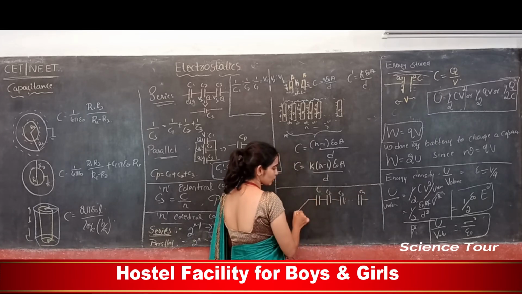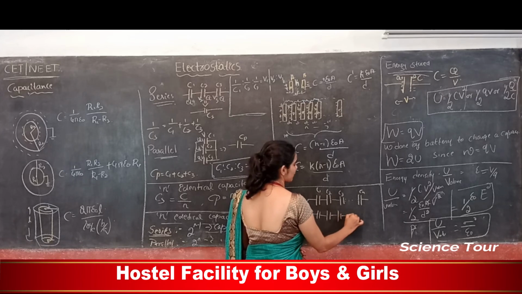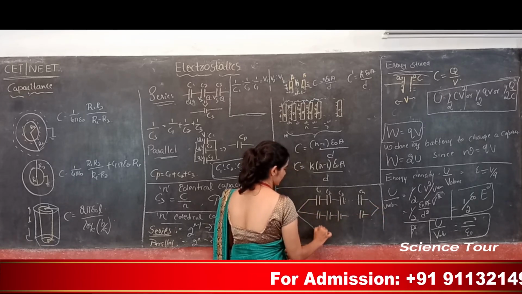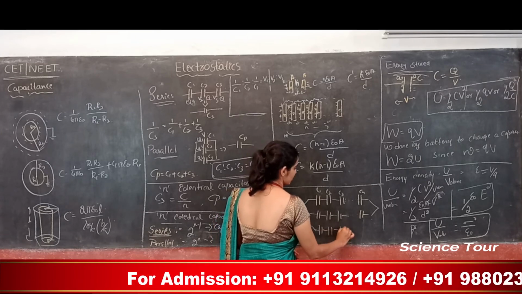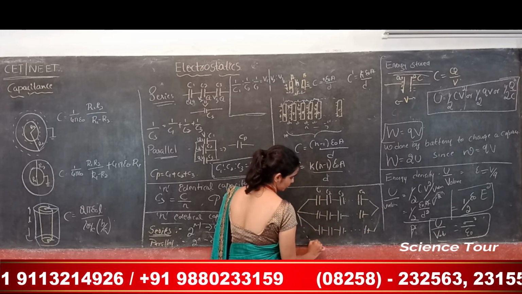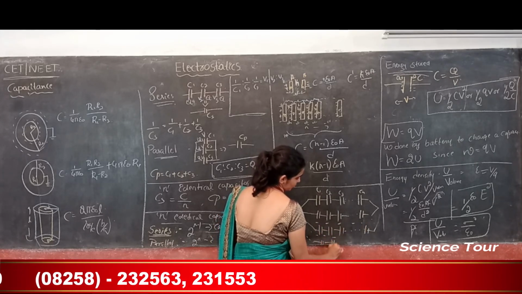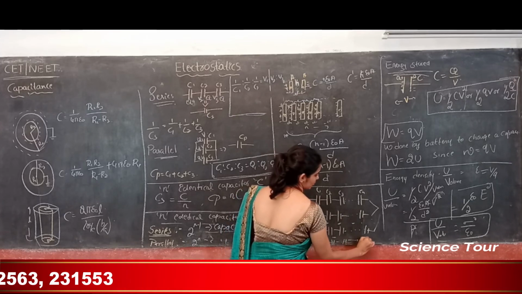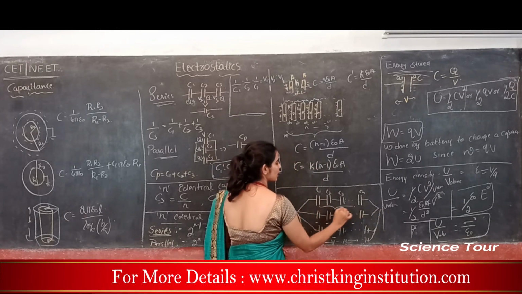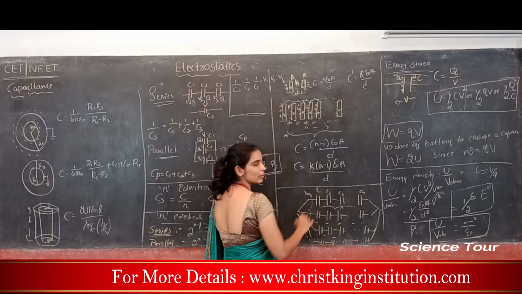So there are such m number of rows. Correct? Here there are n number of capacitors. So such m number of rows are there.